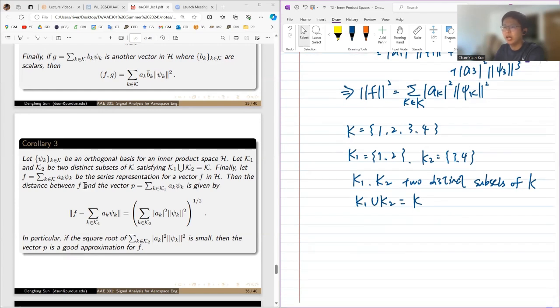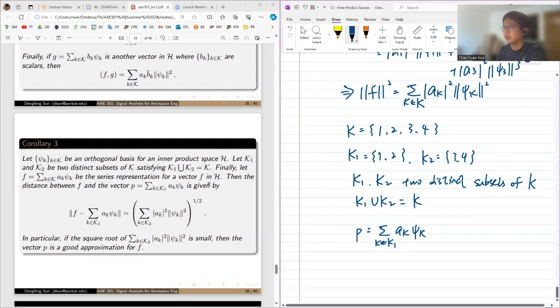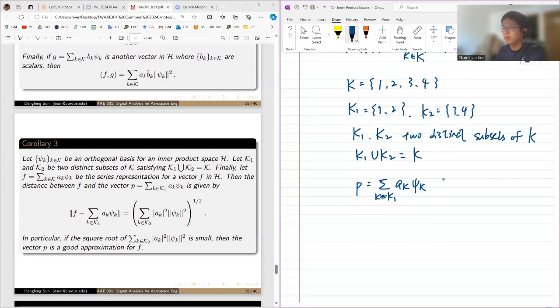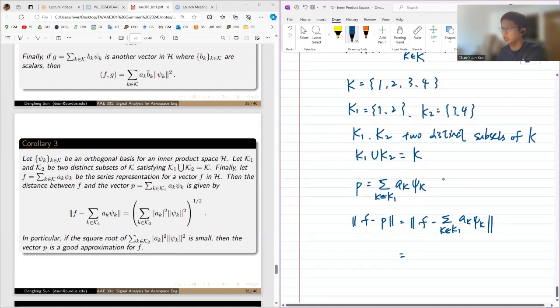Then the distance between f and the vector p, which is formed by the summation of ak times psi k, where k is in the kappa 1 set, will be given by the norm of f minus p. And this can be rewritten as f minus the summation over k in kappa 1 of ak psi k.